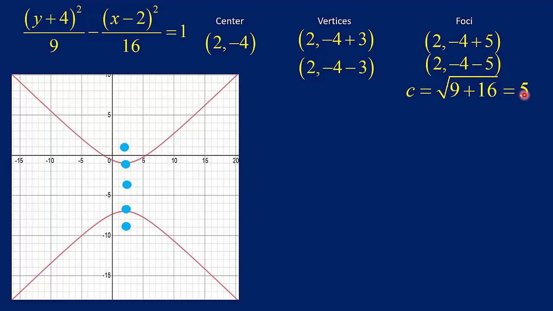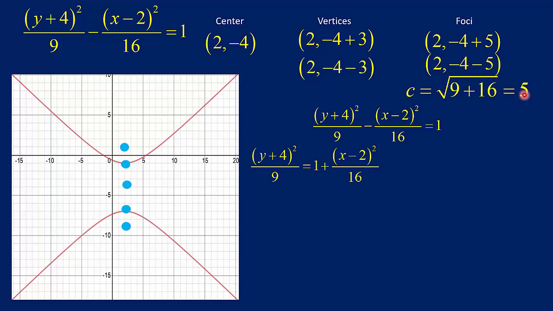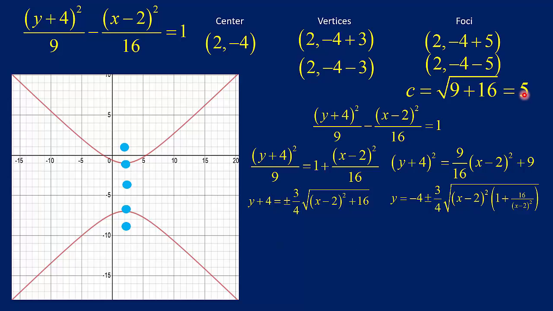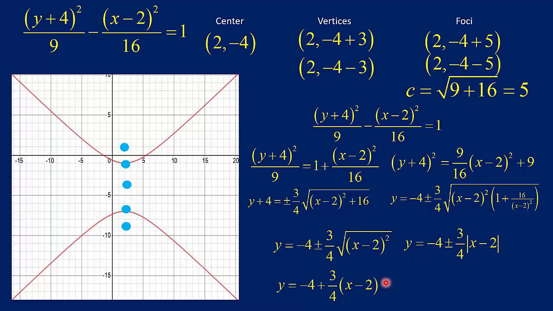Now I want to get the asymptotes. Now I could go through the same process here that I did previously. But what it's going to amount to is I'm going to get, notice, I got 3 over 4. Notice, what's on the bottom of y over what's on the bottom of x? See, 3 over 4, (x - 2).